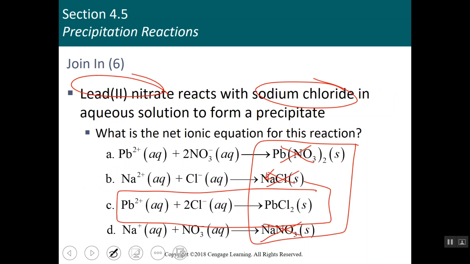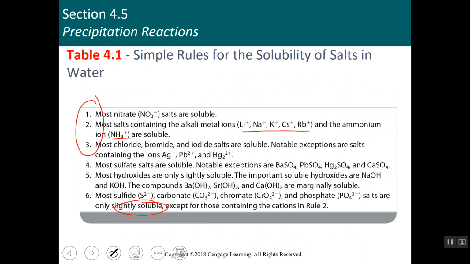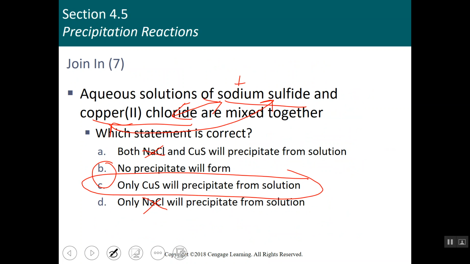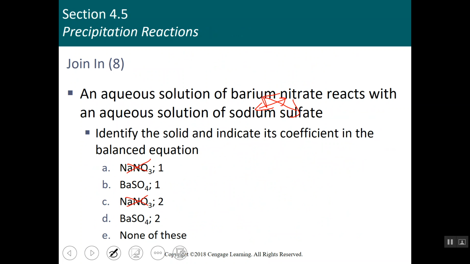And let's flip back to our solubility rules. Most sulfate salts are soluble with the exception of barium sulfate. So let's go back to our question. We know that barium sulfate is going to be our answer, but we don't know which coefficient it is without balancing it.